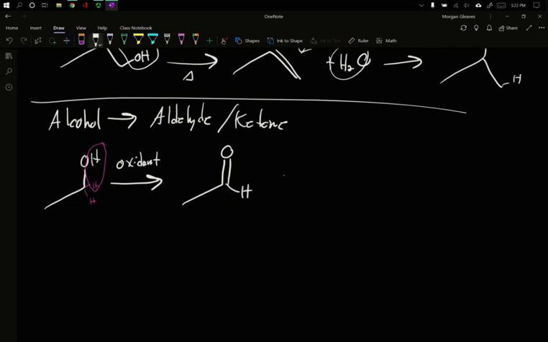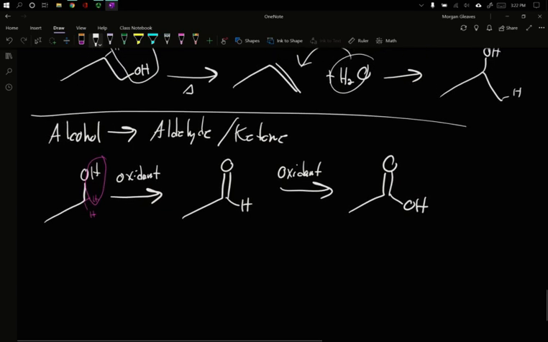Unfortunately, aldehydes tend to react with oxidant as well to form carboxylic acids. In fact, they are better at doing this than the alcohol is. So if you had a whole bunch of alcohol, like 100 of the alcohols, and 100 of your oxidants, and they start to react.